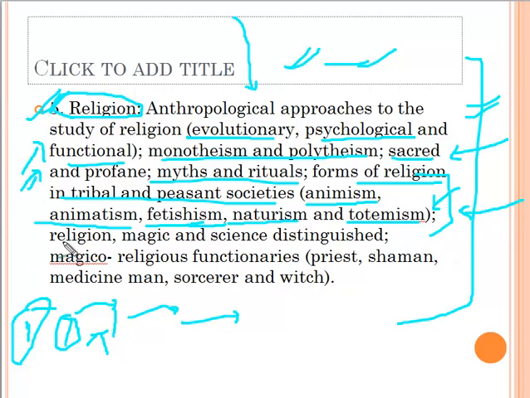Then religion, magic and science distinguished. There is a fixed definition of magic and science. According to Morgan, magic was there at the time when the things which we were not able to explain scientifically, we were explaining by magic.